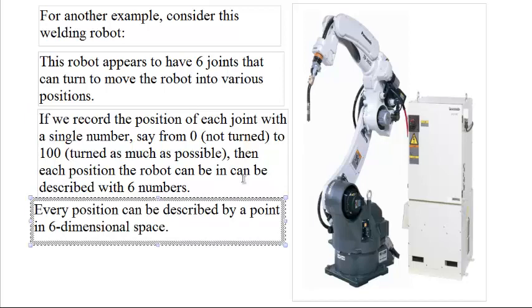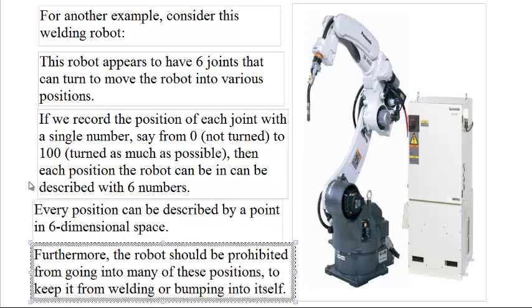But here's where it gets interesting. Not all of those positions are good. You might be able to imagine that the robot arm could kind of swing down and try to snap off its welding tip on the base. It could bring this all the way down and then just try to smack it across that. The robot shouldn't be allowed to do that. If it's welding, it certainly shouldn't weld this wire here. It shouldn't weld itself.